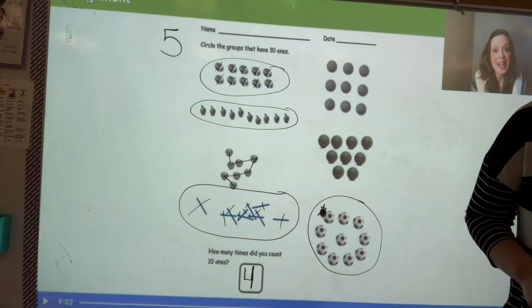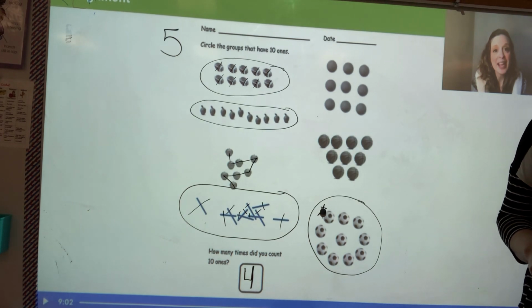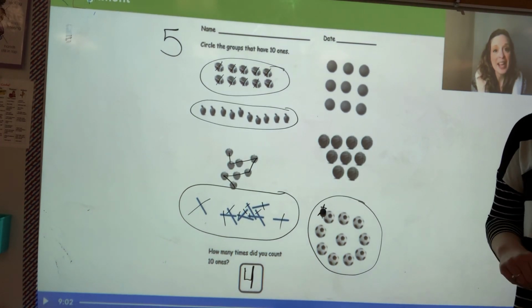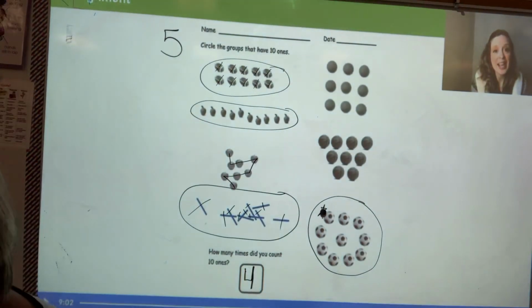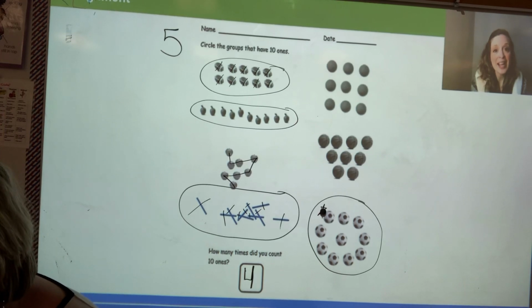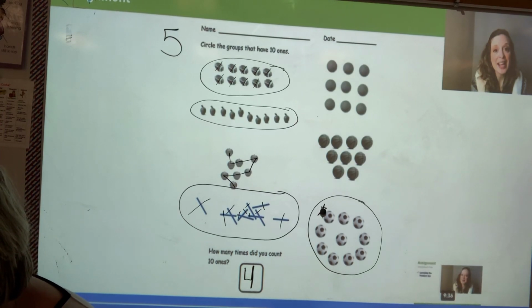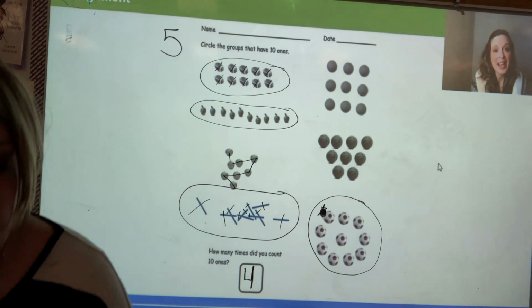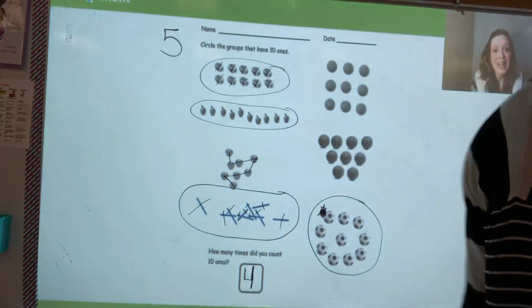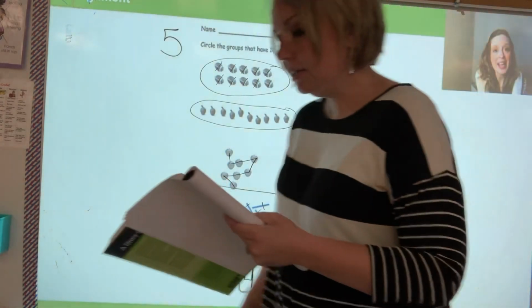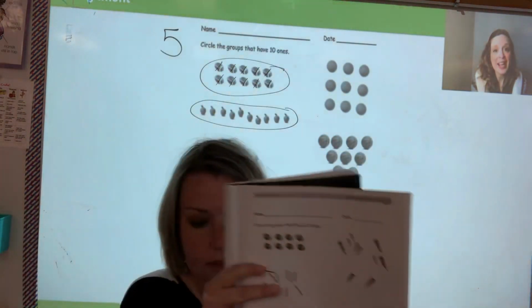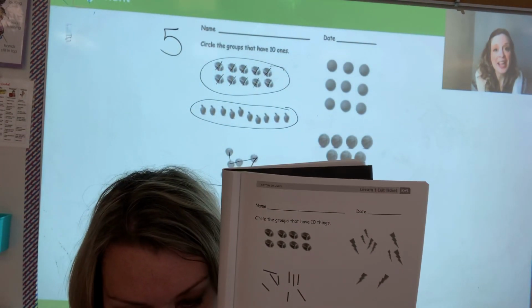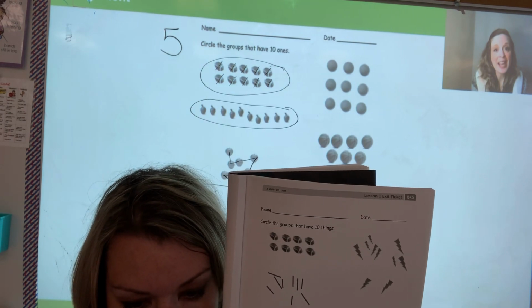Now, on the back, we have something cool called an exit ticket. This is what first graders do with their assignment. Look on the back, and you're going to see on page 7 this. This is an exit ticket.